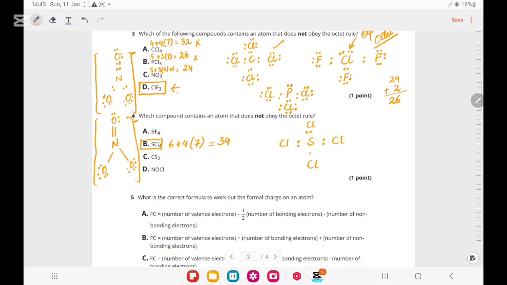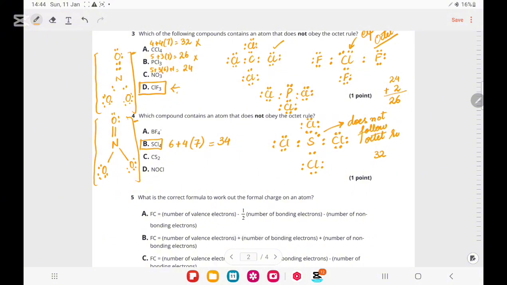These are bond pairs, and then we are going to have lone pairs on chlorine. Now each one is having 8 electrons, so total electrons becomes 32. So still 2 electrons come, which will come as a lone pair on sulfur. So that is why you are going to say it does not follow the octet rule.